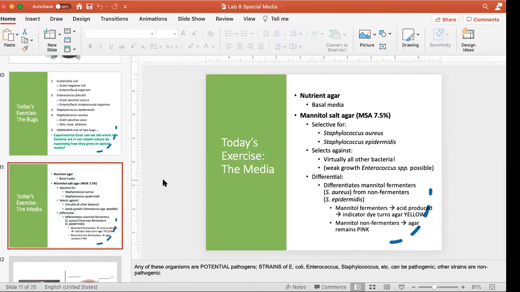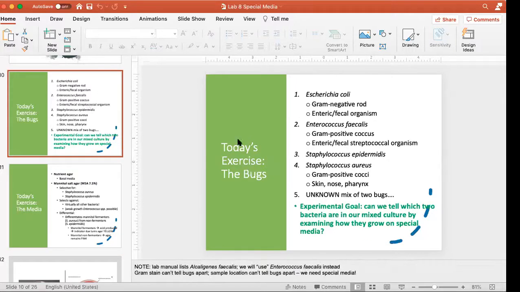So nutrient agar is a basal media. Remember, it will grow virtually anything as long as it is non-fastidious, as long as it doesn't have any very particular nutritional requirements. Mannitol salt is an agar that is selective and differential. It selects for 2 types of Staphylococcus, Staphylococcus aureus and Staphylococcus epidermidis, which just happen to be the 2 kinds of staph that are possibilities today.